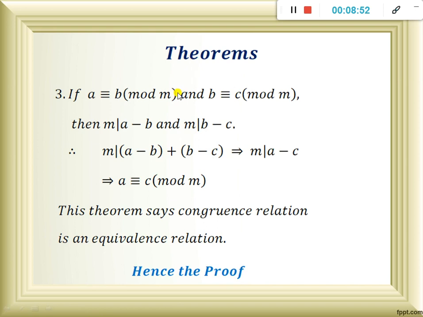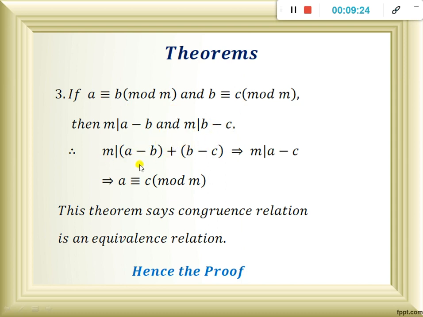Next one is transitive. Transitive means like splitting an interval. A is congruent to B mod M and B is congruent to C mod M. Obviously, just cut this B and B, for example, then A is congruent to C mod M. For solving this, what is the condition for these two? M divides A minus B and M divides B minus C. Then its addition will also be divisible, because according to the addition property, that is the linear property.